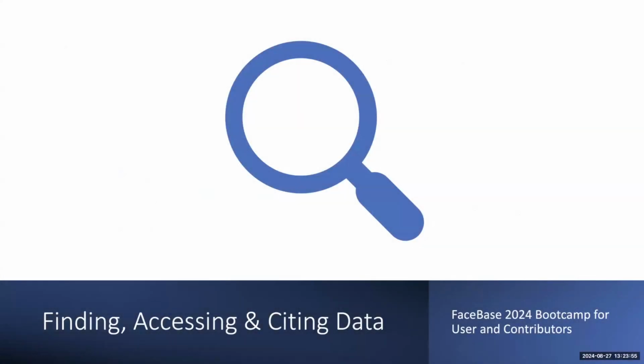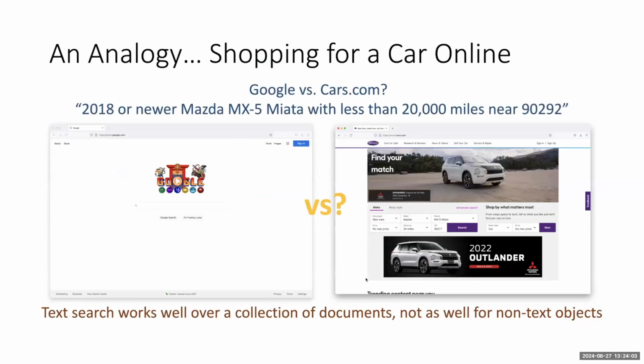So in the next part of the session here, I'll be talking about finding, accessing, and citing data. For starters, if we can just step back and reflect on our experiences of searching for something on the web, finding data online is a bit different than searching for documents and web pages.